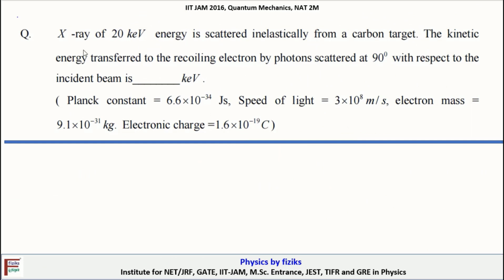X-ray of 20 kilo electron volt energy is scattered inelastically from a carbon target. The kinetic energy transferred to the recoiling electron by a photon scattering at 90 degrees with respect to the incident beam is. So we have to determine the kinetic energy. Solution. Lambda Compton is 0.024 angstrom.